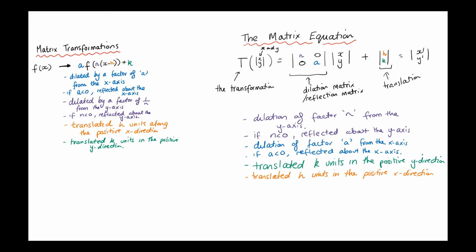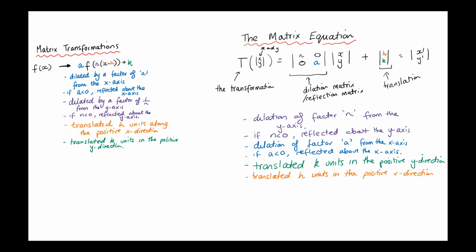So we can actually see some advantages to using the matrix transformation method. Rather than having to look at a function and infer all these things about n and h, here we can read it exactly as we see it. So whatever I read in there, that is the dilation factor. However, if it was inside the function like f of 2x, I'd have to describe it by its reciprocal.